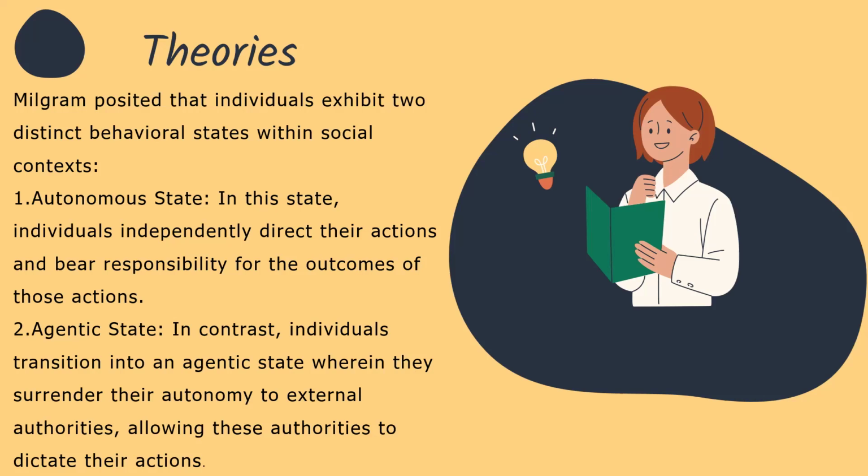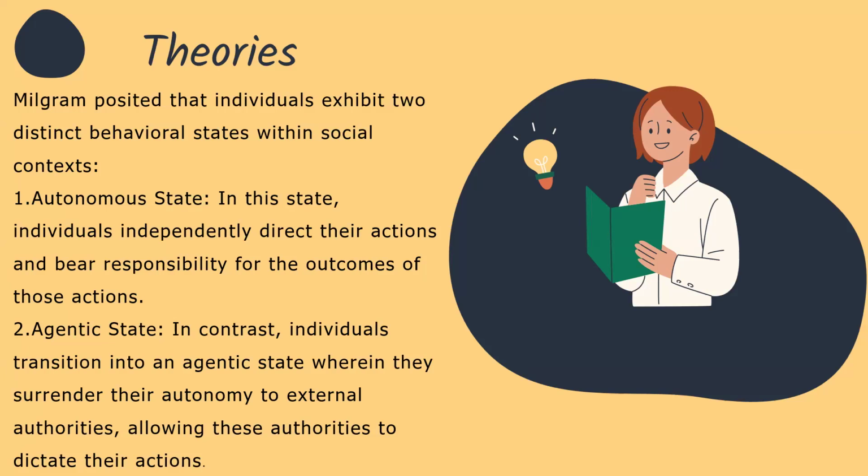And the last one is situationism. The perspective associated with researchers like Philip Zimbardo emphasized the powerful influence of the situation: the presence of an authority figure and the experimental setting influence participant obedience regardless of their individual characteristics.